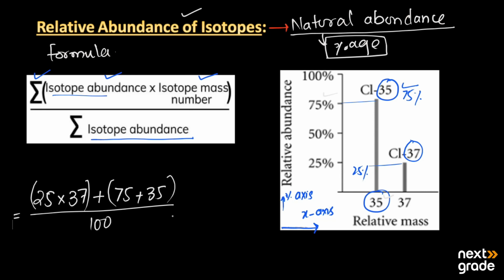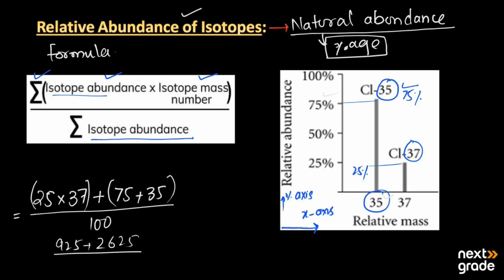By solving this, we can find the relative abundance of the isotopes. This is very simple. Multiplying 25 by 37, we get 925, plus 75 times 35, which is 2625.